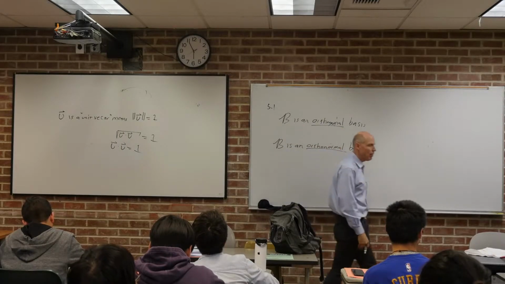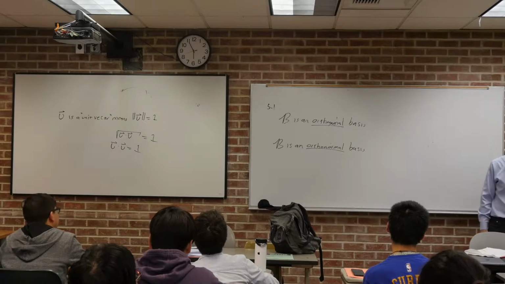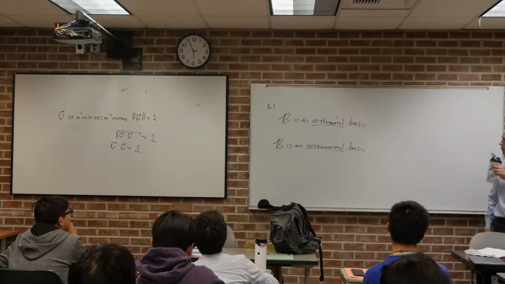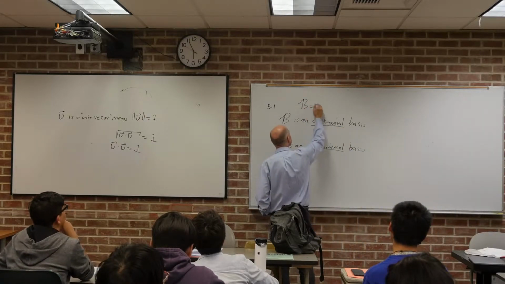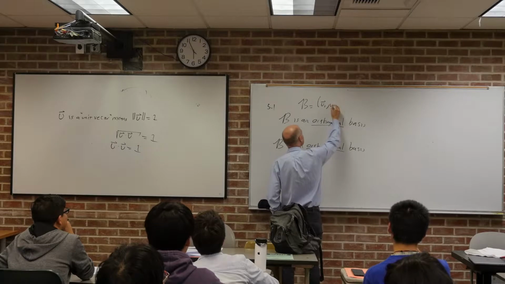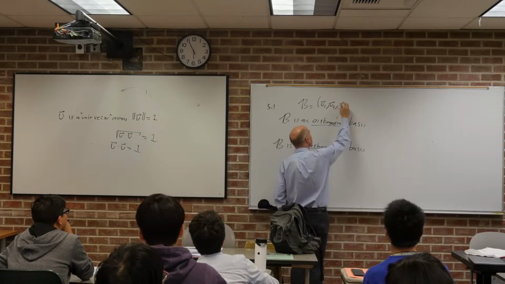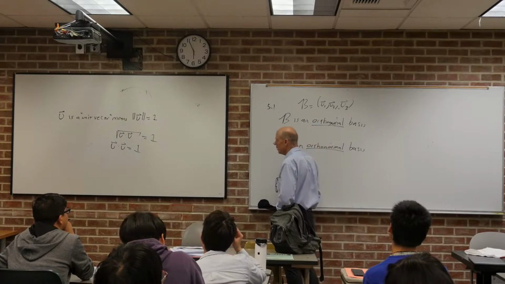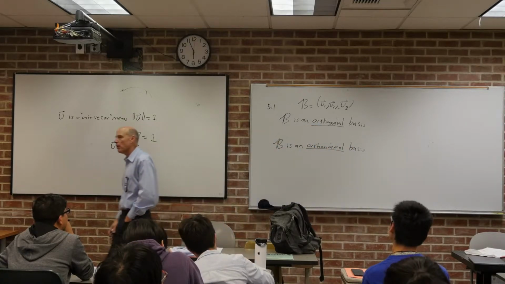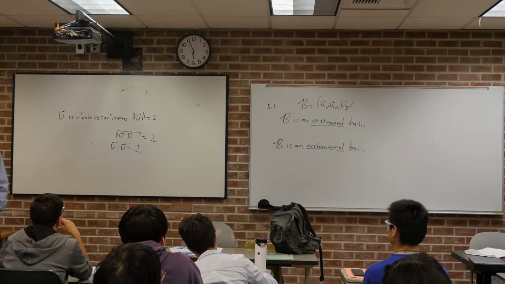This would apply to any set of vectors, but we're always going to refer to bases with this. So some bases are nice. This could go up to any size n. I'll show you three of them.